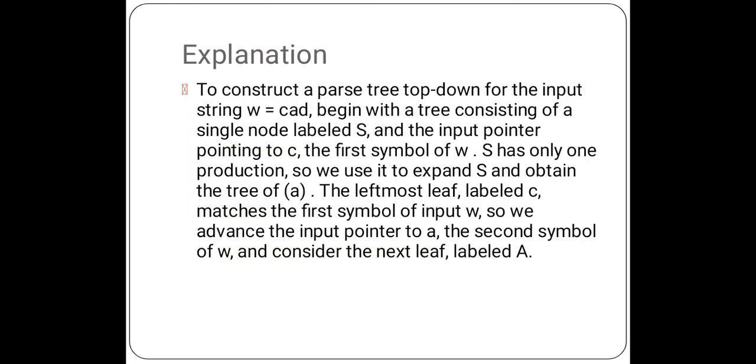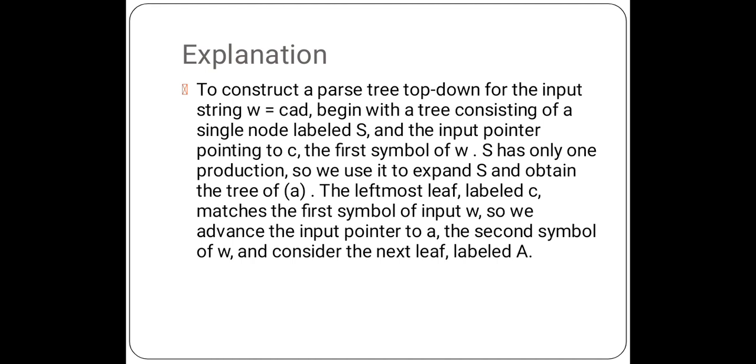The same thing I have explained to you is given as explanation over here, where W is the input string, the input string we have is cad, and we have to reach this input string. For that we use these two productions, where capital S is the start symbol and W is the input string.